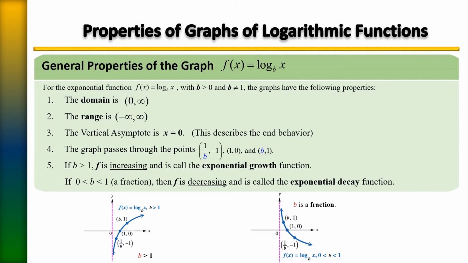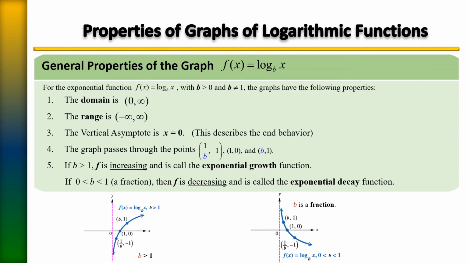In terms of whether it is a growth or a decrease, if b is greater than 1, then the function would be increasing. So in the first example here, b is greater than 1, and notice from left to right it will be increasing, moving in an upward motion.